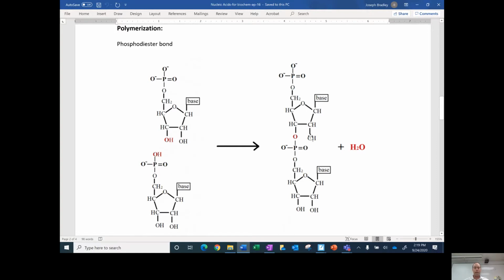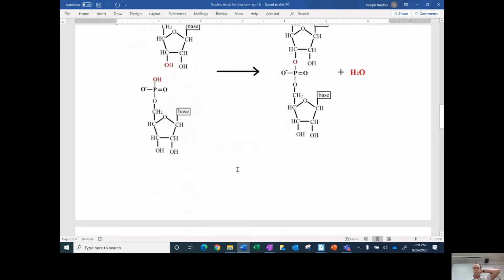This is the phosphodiester group, a carbon with the phosphate and another carbon on the other side. It's another example of dehydration synthesis. You can see where it's in red, those are the 2 that will interact. The hydrogen off of the hydroxyl group will leave, and then the OH off the phosphate group will leave.